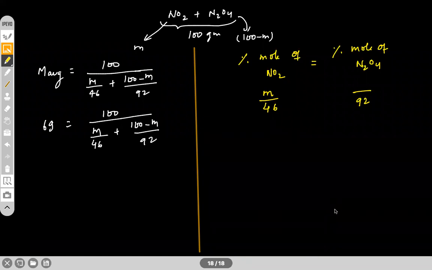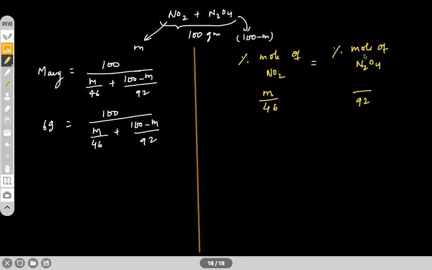Molecular mass of N2O4 is exactly double that of NO2. So in order to have the same mole percent, what can we say?